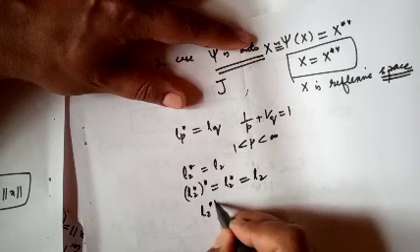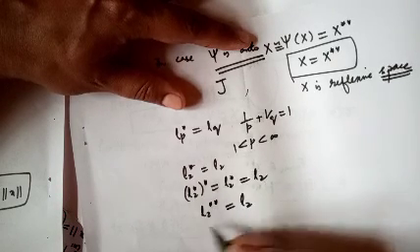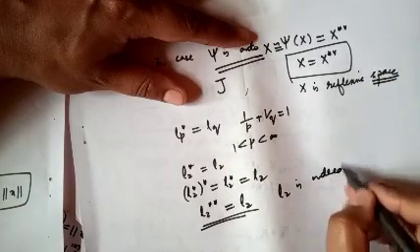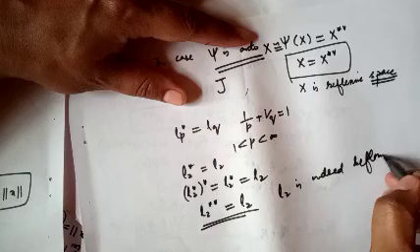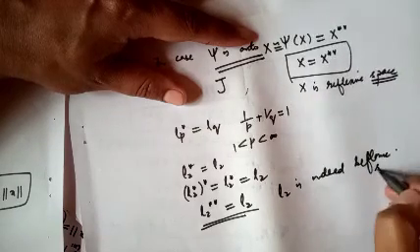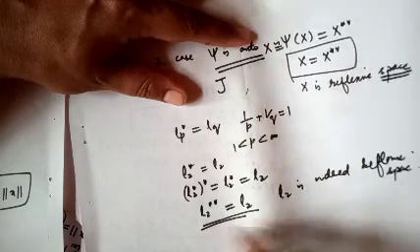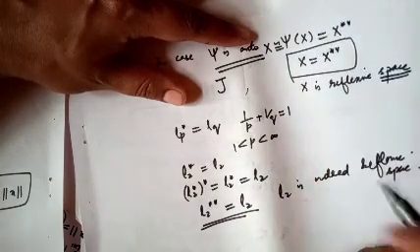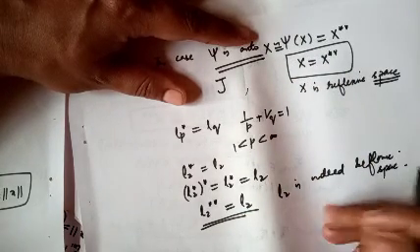So L2 double star can be identified with L2. So L2 is indeed reflexive, an example of reflexive spaces.